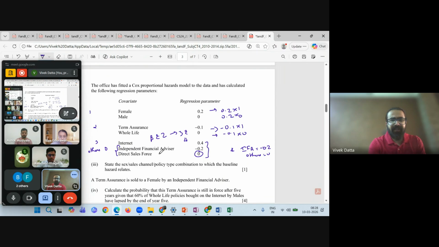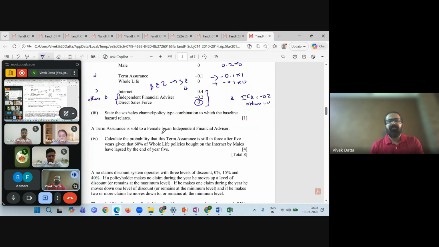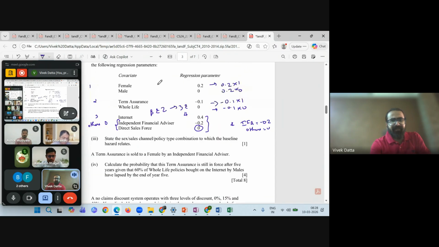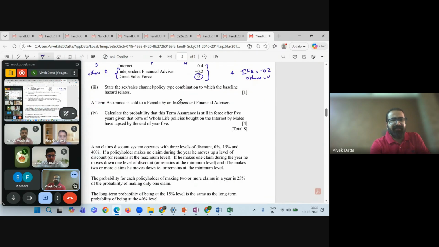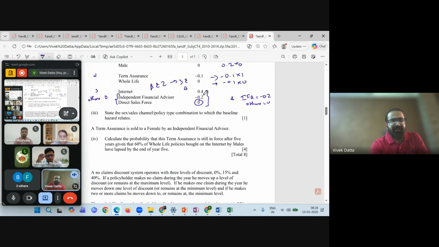Now, clear on how this is done? Now, solve this. A term assurance is sold to a female by an independent financial advisor. So, sold to a female, which is 0.2, and by an IFA, which is minus 0.2, and it is term assurance, so it is also minus 0.1.